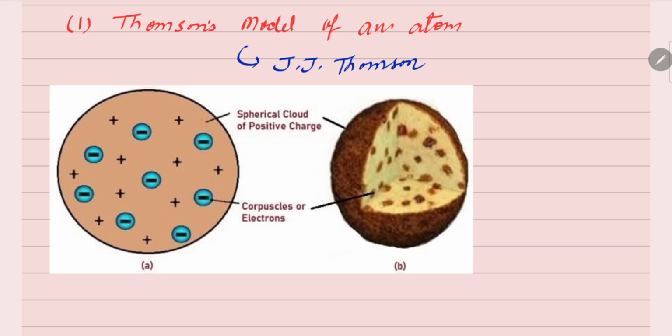So what did Thomson model propose? J.J. Thomson proposed in his model that an atom is a spherical cloud of positive charge, and electrons are embedded in between this spherical charge randomly. Okay, it was just like a raisin pudding, or plum pudding.